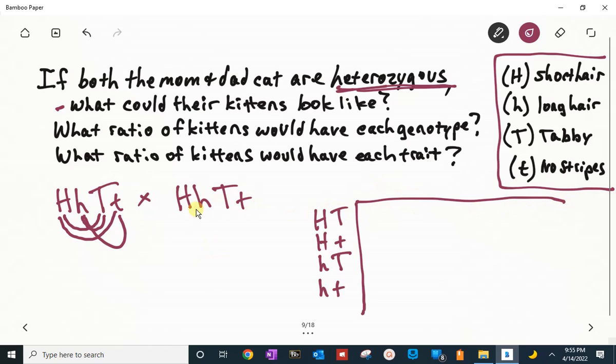And now dad, same thing. Dad could donate a capital H and capital T to his kittens, or he could donate that capital H and a lowercase t to his kittens, or a lowercase h and a capital T, or lowercase h and a lowercase t.